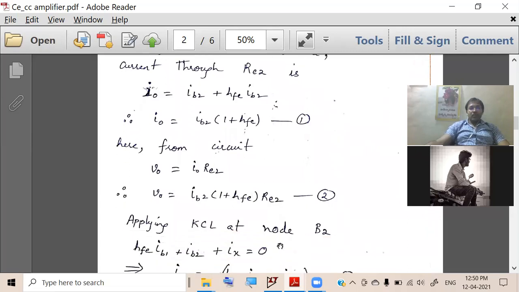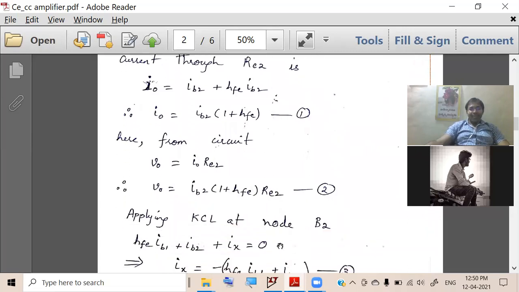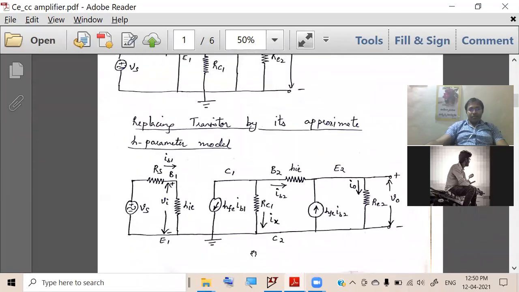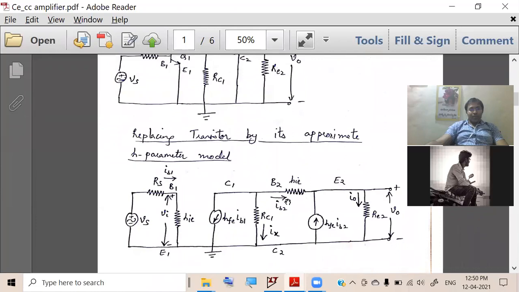Now, as I told you, the next task will be to somehow get a relation between IB2 and IB1, because output voltage is in terms of IB2 and input voltage is in terms of IB1.